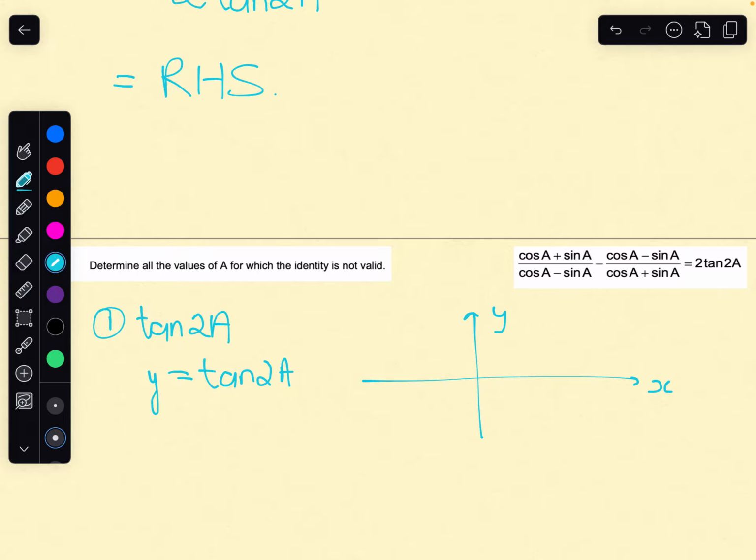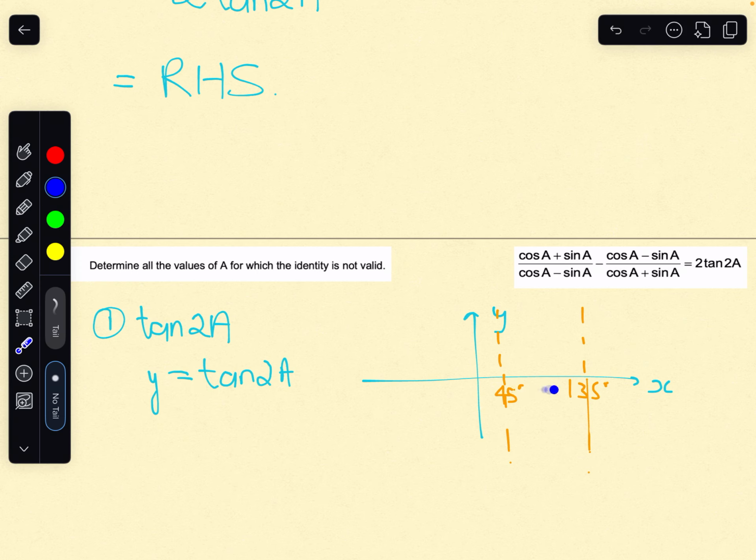So where the one asymptote would have been at 90, it then moves to 45 degrees, half of 90. The second asymptote would have been at 270, but it will now occur at half of 270, which is 135 degrees, which is also 90 degrees later. So the period of this graph is 90 degrees.